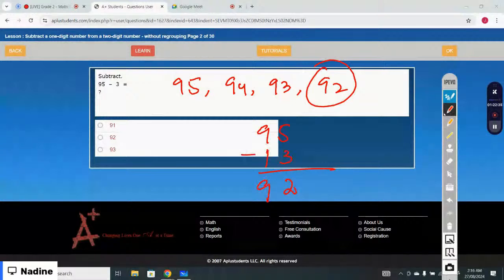Option number 2 is the correct option. So the correct option is 92. That's option number 2.